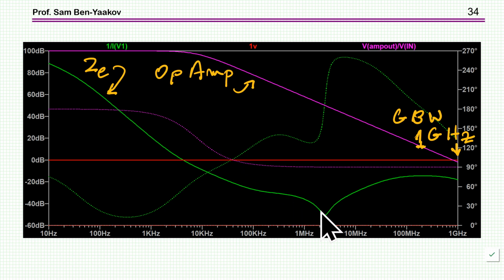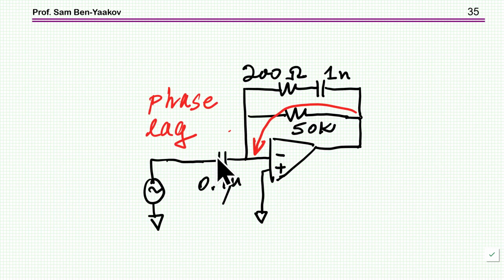So it seems to me that this is somehow due to an extra phase shift that we might have here, which reminds us of the problem that we have with this circuit, which is the derivative. This is the circuit that we have.